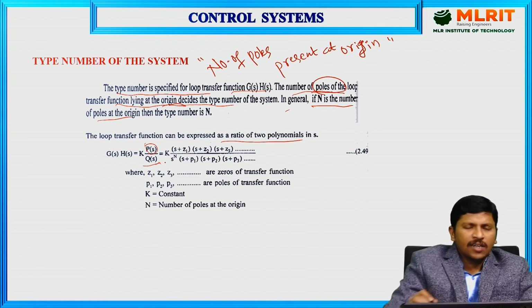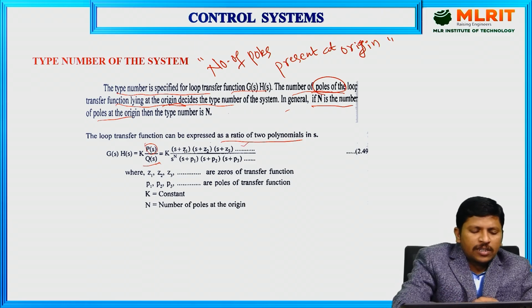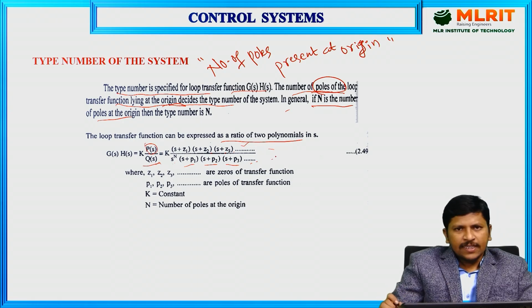Already we know that by using the factorization method, we get in the numerator (s plus z1)(s plus z2)(s plus z3) and so on, and in the denominator s to the power of N into (s plus p1)(s plus p2)(s plus p3) and so on.